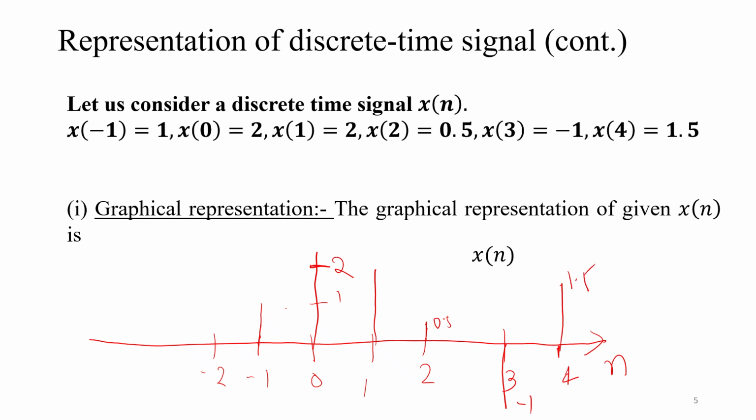So this is the x of n signal. X of 0 is 2, x of 1 is 2, x of 2 is 0.5, x of 3 is minus 1, x of 4 is 1.5, x of minus 1 is 1. So this is the graphical representation.